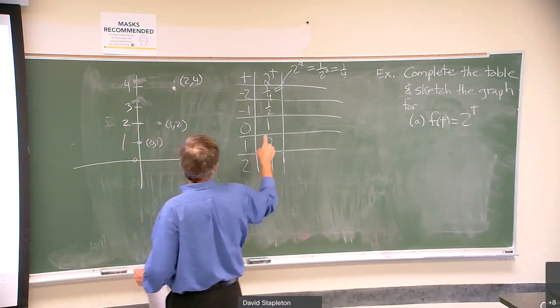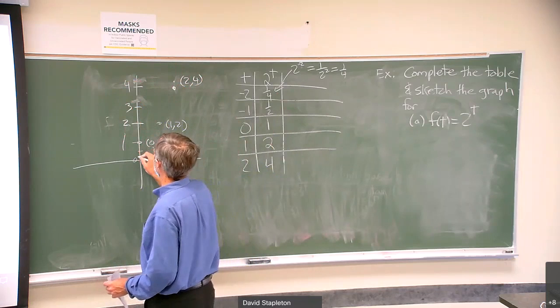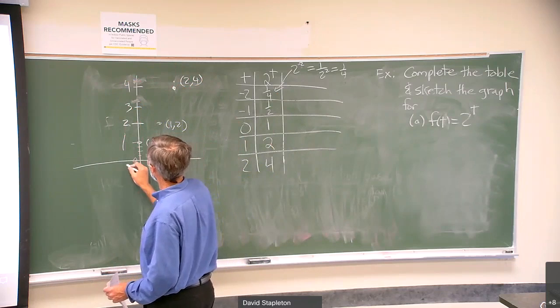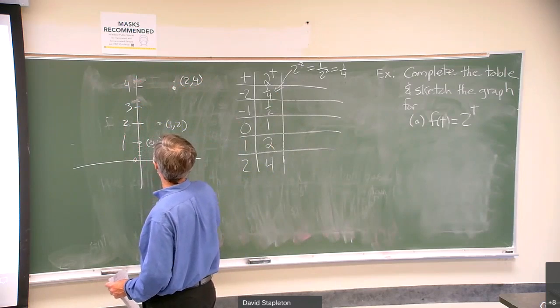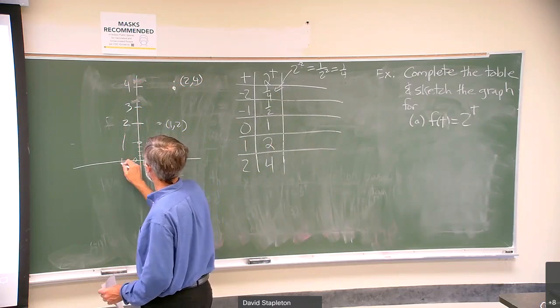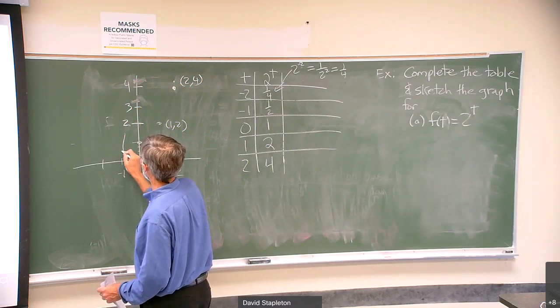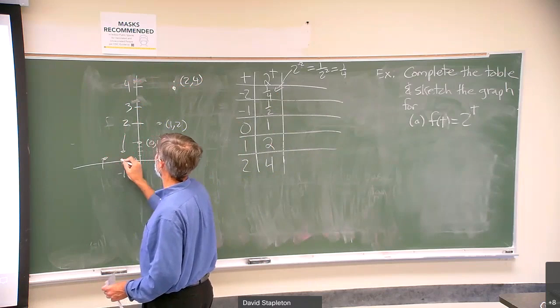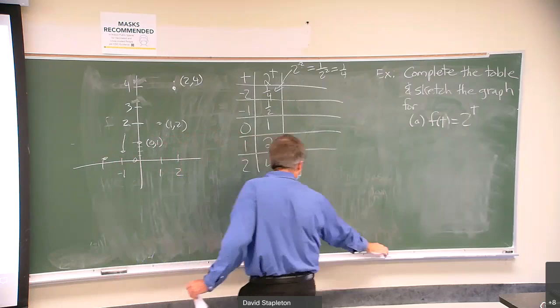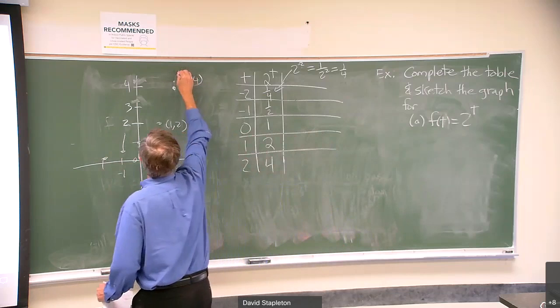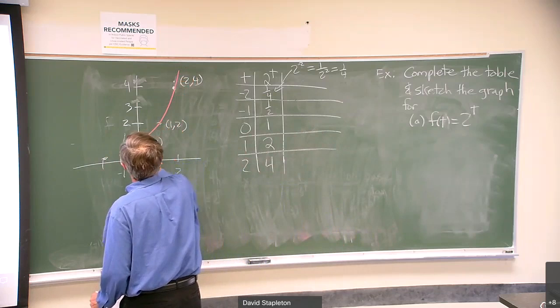And then I can put in some of these, 1/2 and 1/4. Here's a half and there's quarters. At -1, I'm going to come down to a half, and at -2, I'm going to come down to a quarter. And now there's y equals 2 to the t, adding some careful points.